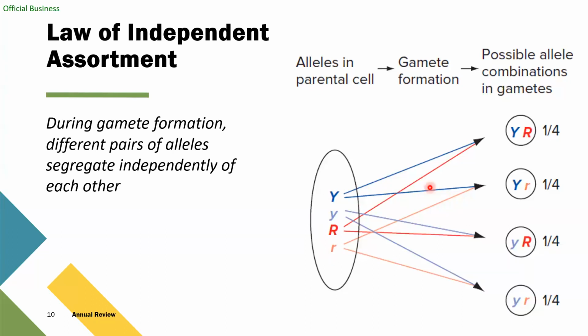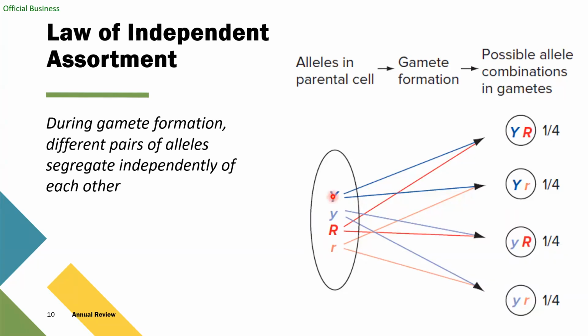So when doing independent assortment, you basically get four sets of possible combinations, because the gametes carry a single set of your genes, but that doesn't necessarily mean that they only carry one gene. They carry one copy of all of the genes that you have.